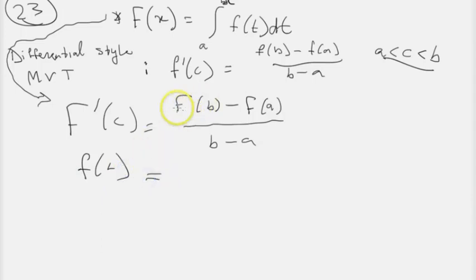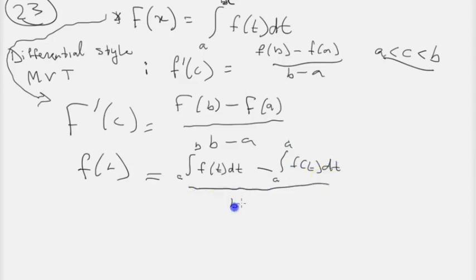And then this big F at b, well, you plug in a b for the integral right there, you get the integral from a to b of f of t dt minus the integral from a to a of f of t dt over b minus a.